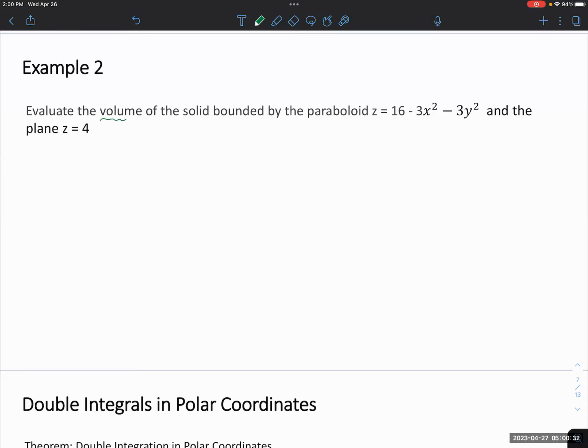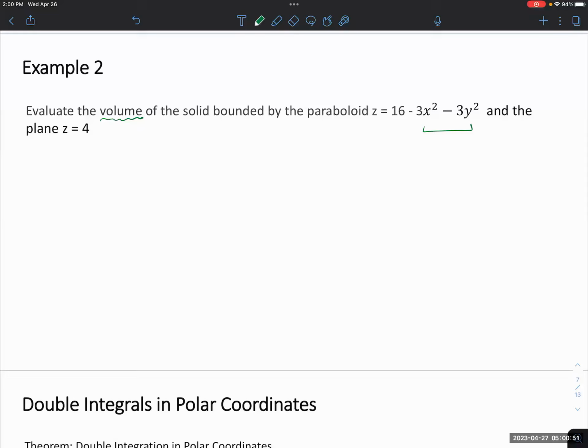Even though they say volume, you're going to take the integral, but you have to check how many integrals to take. I see two variables, so it's going to be a double integral, but we have to think a little bit.